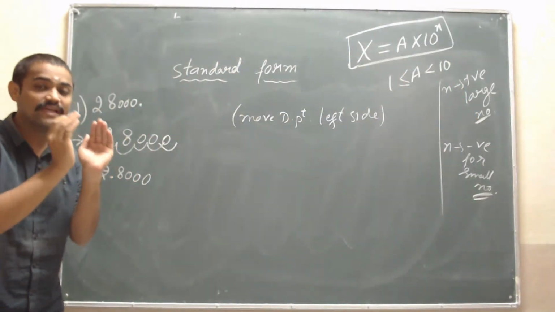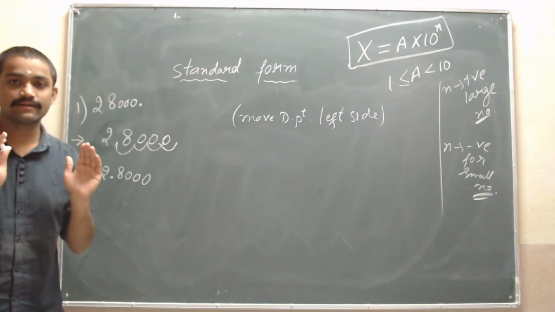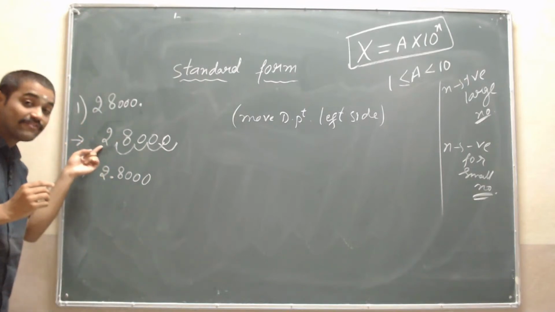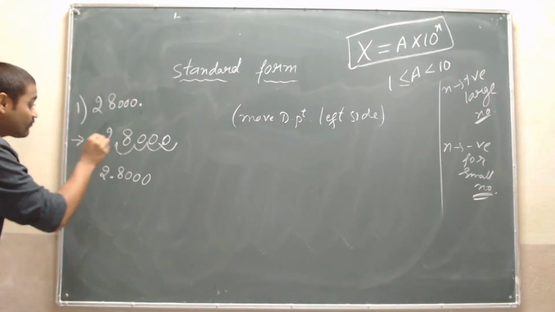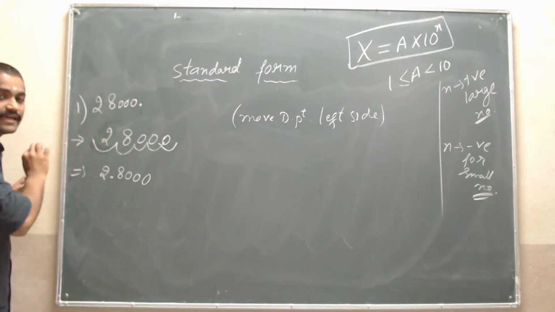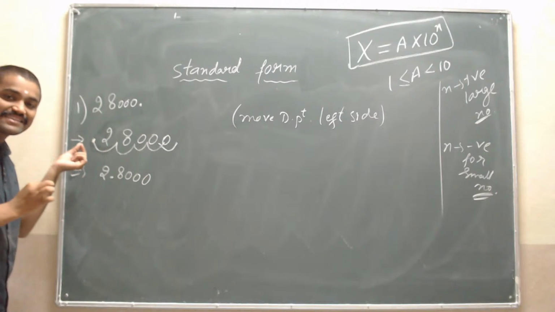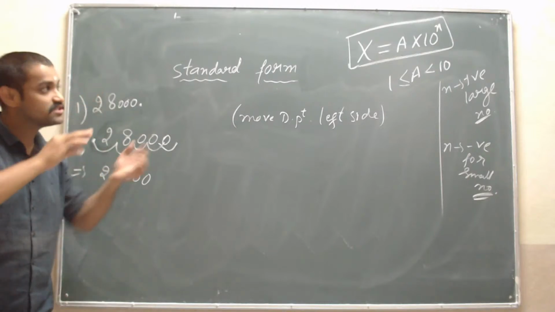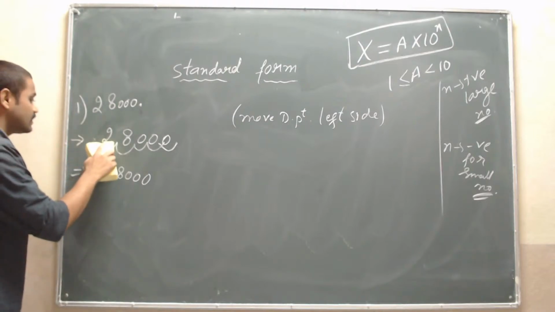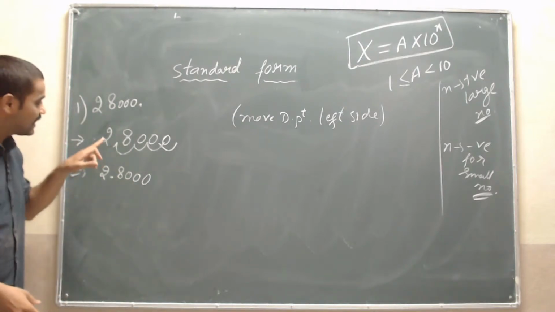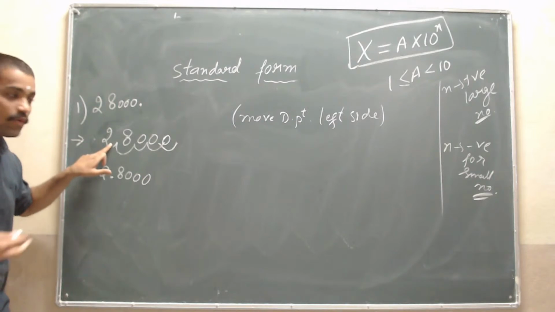Here the a value will be 2.8, whatever it will be. If we move further, then it becomes 0, and 0 is not a value. That's why we move only up to the last number, whatever it will be.